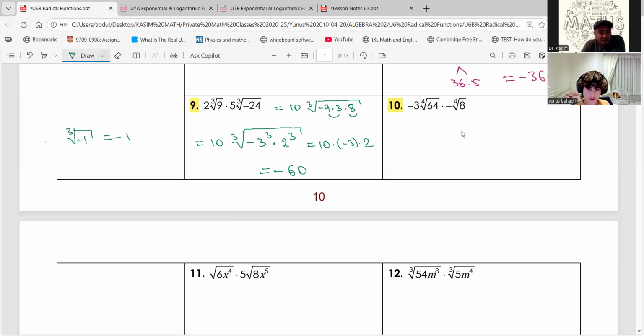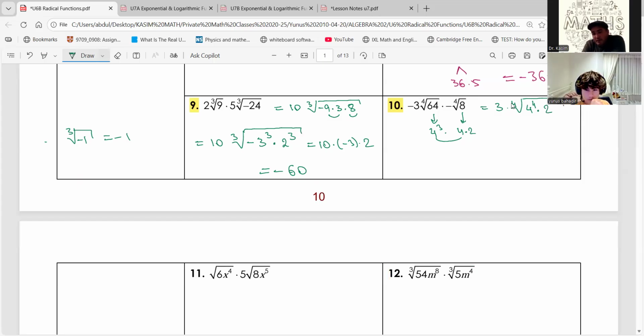If you have some experience, Yunus, when you look at the questions, it gives some idea. You have knowledge, but you don't have enough experience. If you look at this 64, I recognize this. It is 4 cubed. But this 8, I have one more 4 here. I can write 4 times 2, right? If you combine this, I have 4 to the power of 4 times 2.